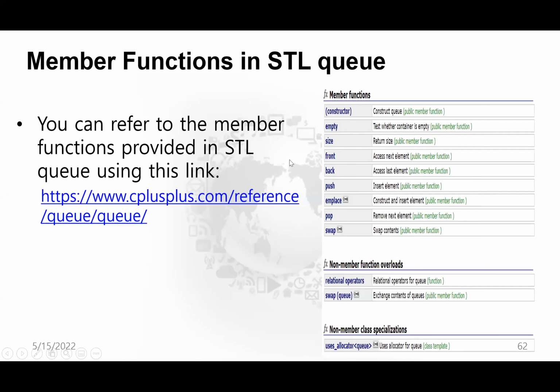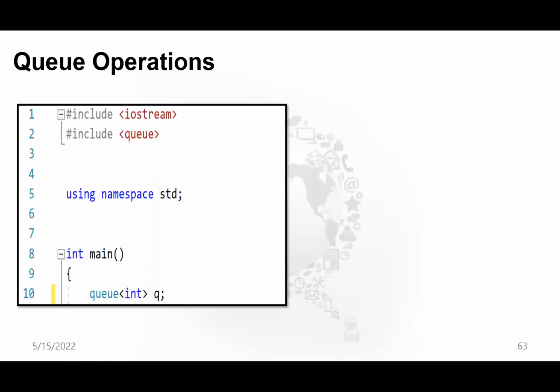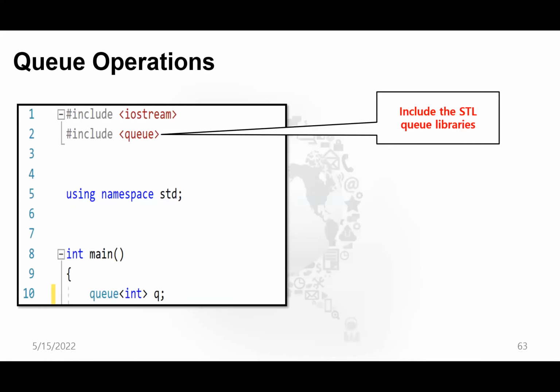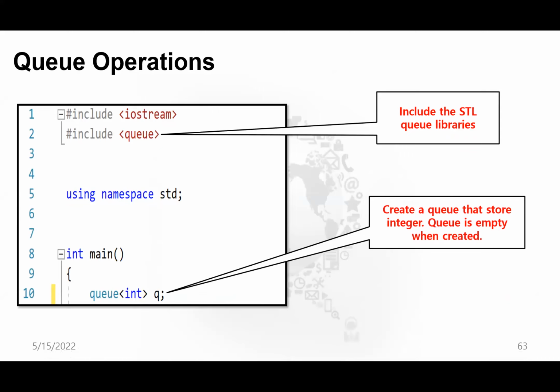Okay, so let's look at some examples. How do we implement the queue? Just like stack or our linked list just now, first you need to include queue at the top of your program. And then after that, when you want to create a queue, the syntax is you put queue, followed by the brackets, where inside the brackets you have to specify what data type you want the queue to store.